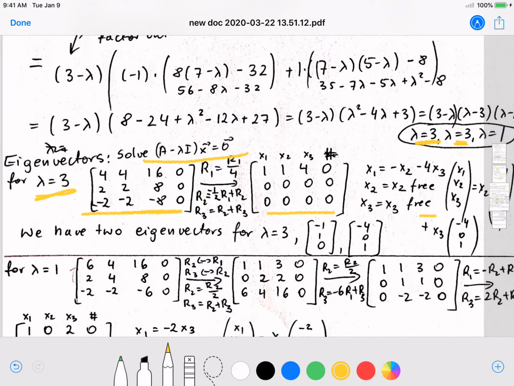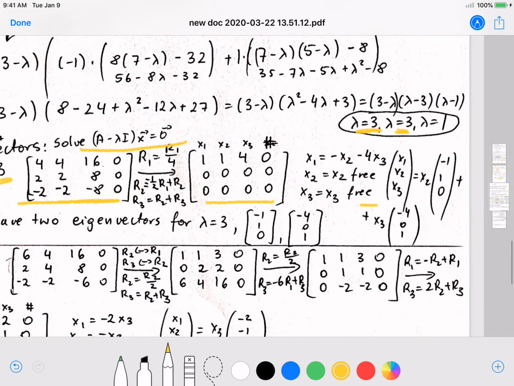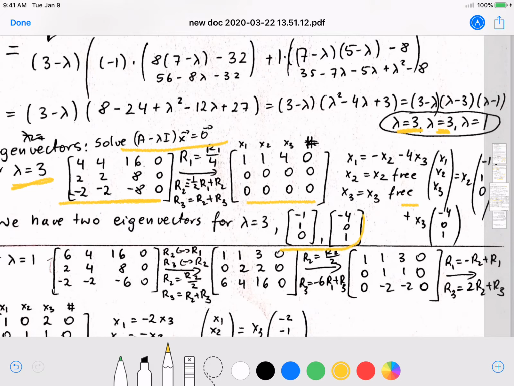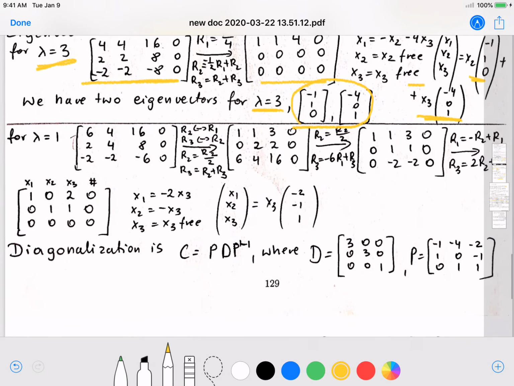We have 3 variables, and if I solve this, I'm getting those 2 eigenvectors. Right here, this is the one, this is the other one. So we have 2 eigenvectors for the eigenvalue with multiplicity 2. In that case, we will have enough eigenvectors for diagonalization.